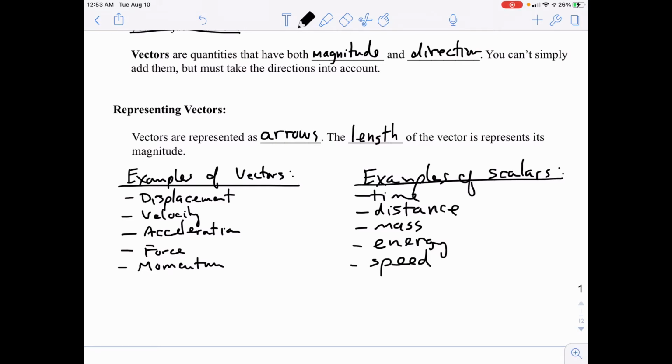Those are all examples of quantities we're going to be working with that don't have any direction associated with them. You can't put time in a direction. You can't measure energy going to the left or up. And speed, when you talk about speed going in a particular direction, we have a name for that. It's called velocity.